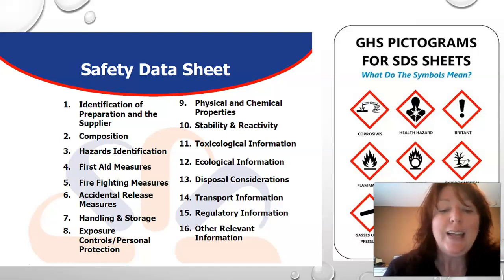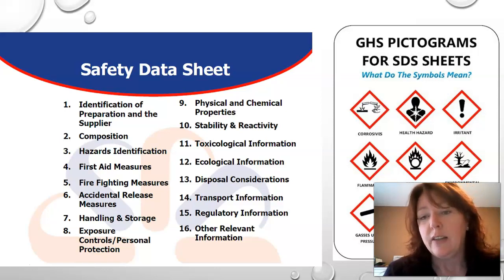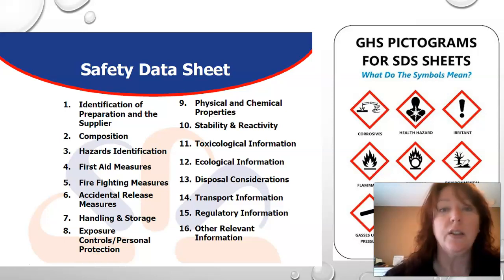And number 16, any other relevant information. So if there's anything that doesn't fall under the first 15 that they feel is important that you need to understand, then it's in there. On the other side, there's an actual pictogram of what everything means. I don't know if you can see it with my little picture there, but the actual pictogram is also in your textbook under chapter 5.